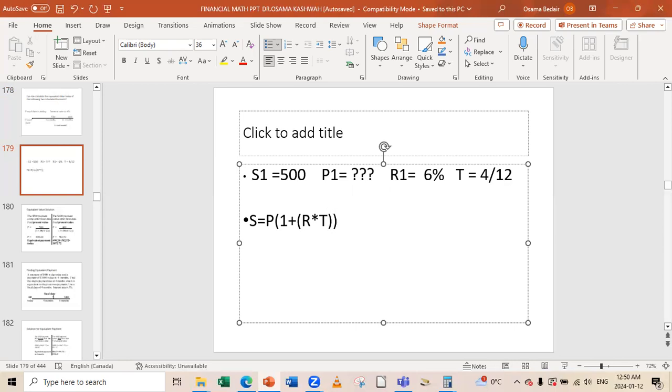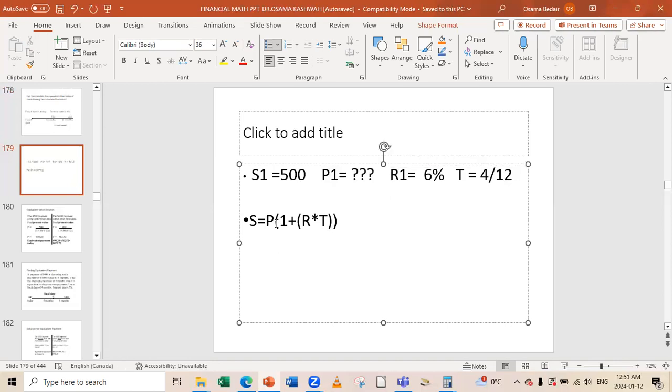Now S is known. I want the equivalent value, meaning the current value or the present value. So what I'm missing here is the present value.